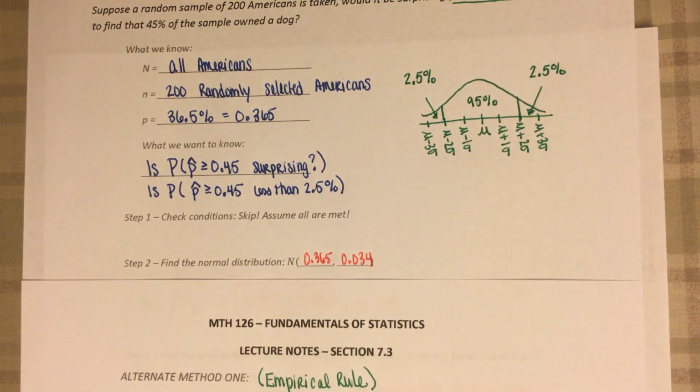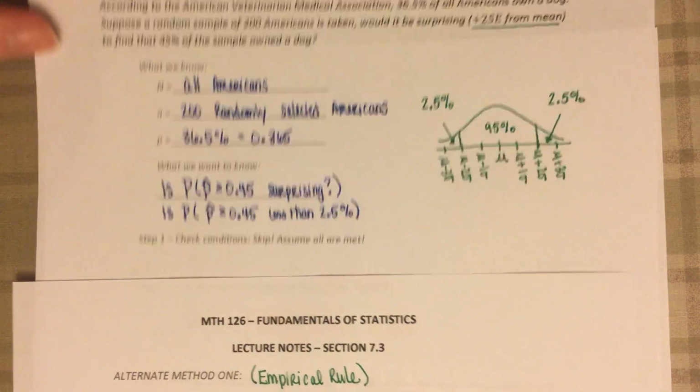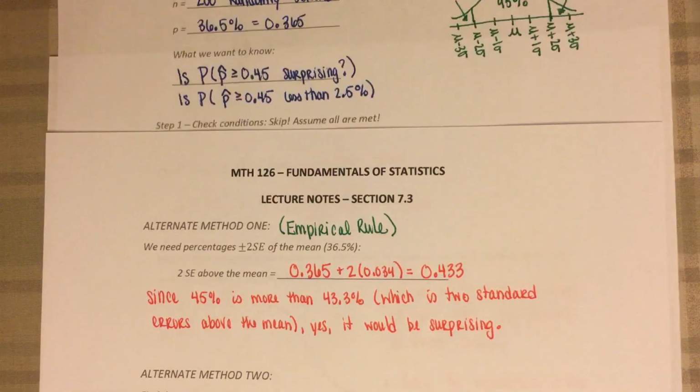So in this case, we actually don't need to use StatCrunch. Once we found our standard error, we can use our standard error then to go along with our empirical rule.